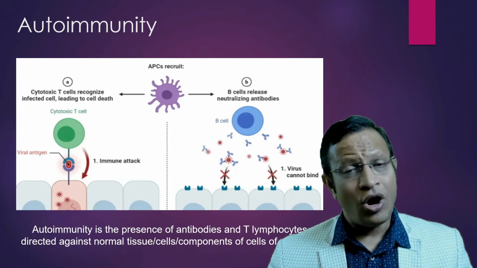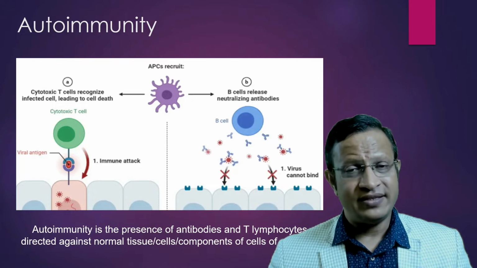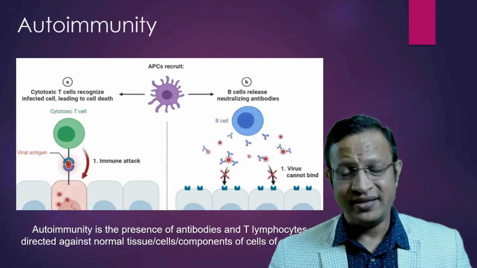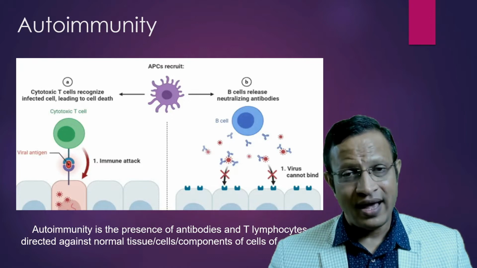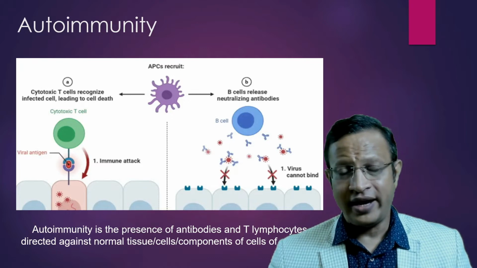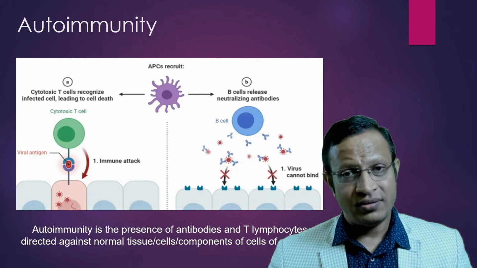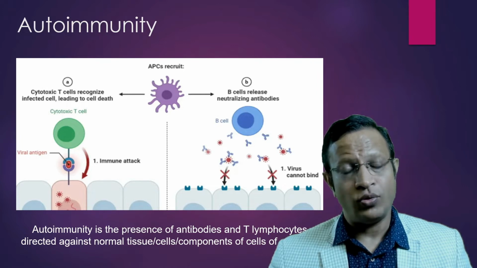Whereas in autoimmunity, these T cells and B cells recognize our own cells as foreign antigen, and they produce antibodies against our own cells.